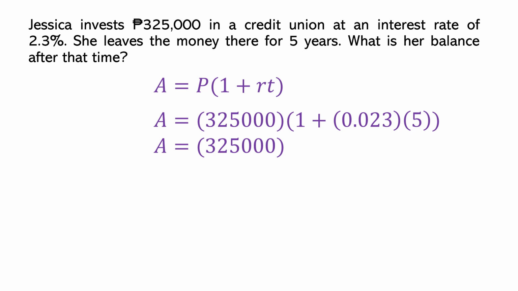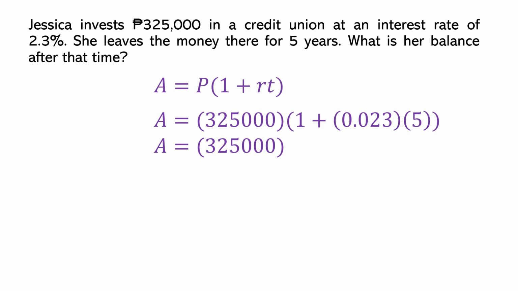So we're going to multiply first based on the PEMDAS. PEMDAS stands for parentheses, so we're going to solve first what's inside parentheses. Exponent, and there's no exponent in this case, so just ignore that. MDAS: M is multiplication or division, whichever comes first from the left.